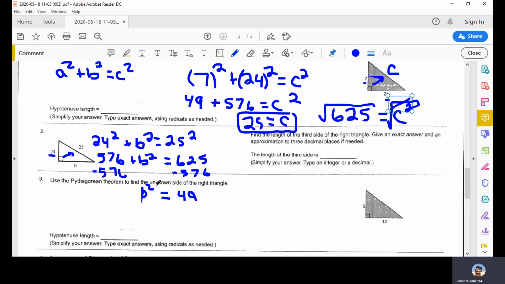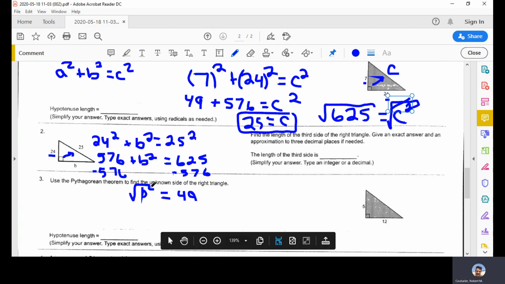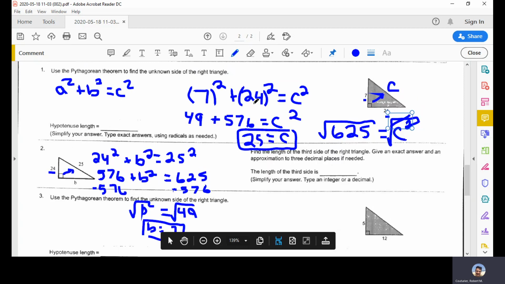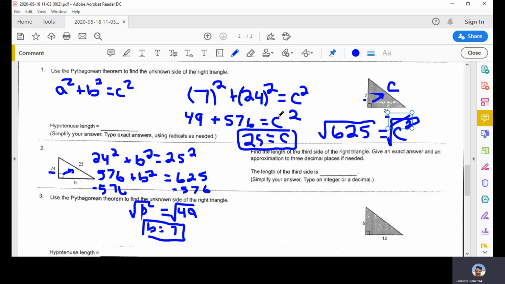Notice b is still not by itself, so you have to take the square root. So now you have b equals 7, because the square root of 49 is 7. And we know that that's right because we just solved one right above it that was asking us to solve for a different piece. But they're proving it to you that these work. Okay, so this is 7.